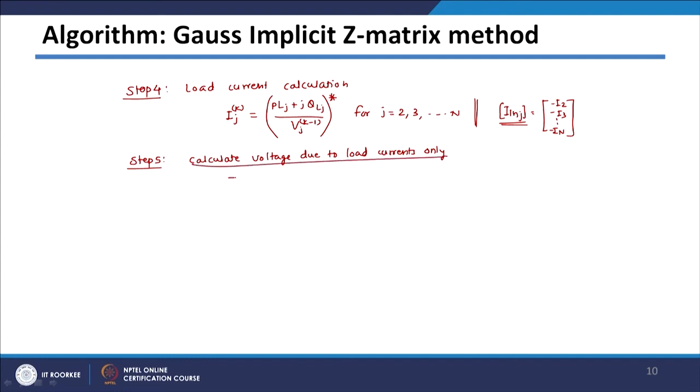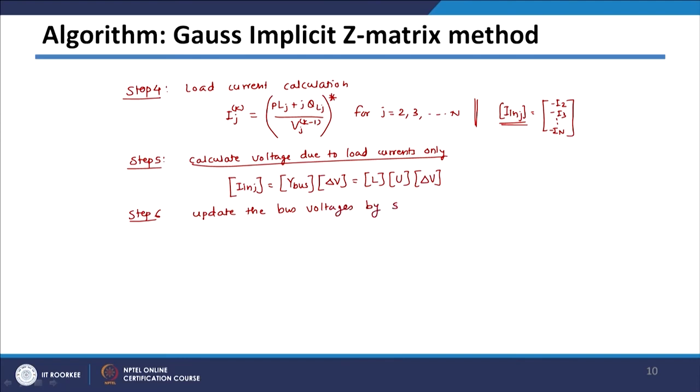We have seen that the I injected matrix is equal to Y bus matrix times delta V, which is decomposed into two parts, that is, L matrix multiplied by U matrix into delta V. So here we can get the delta V matrix, and then step 6 will be to update the bus voltages by superposition.